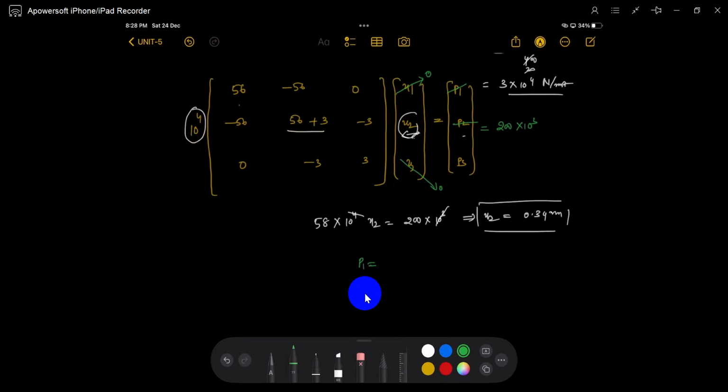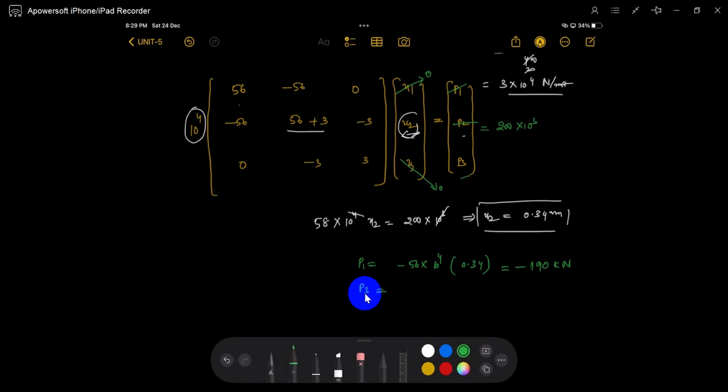So P1 is minus 56 into 10 power 4 into u2, which is 0.34. What is that value? 56 into 0.34 is approximately 190 kilonewtons negative. What is P3?